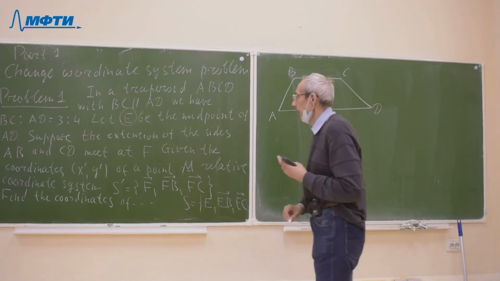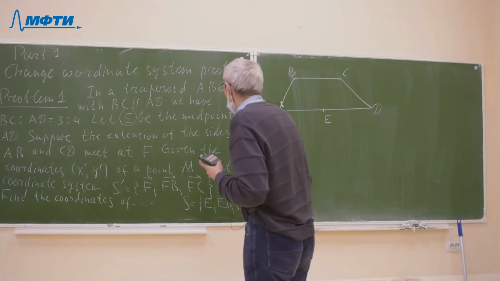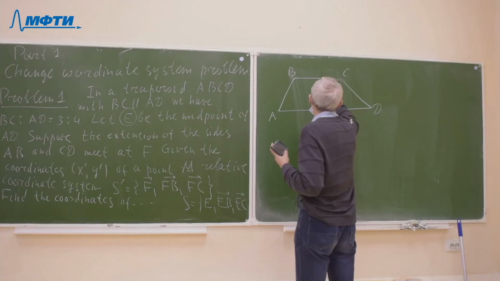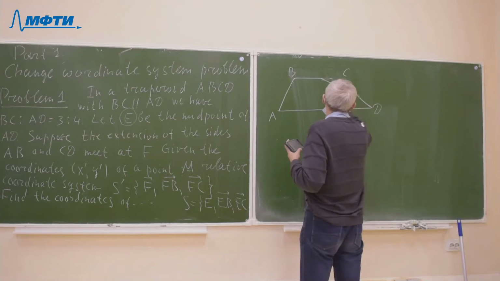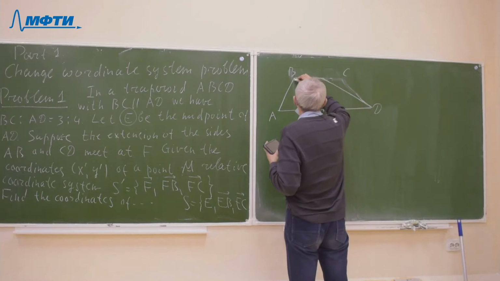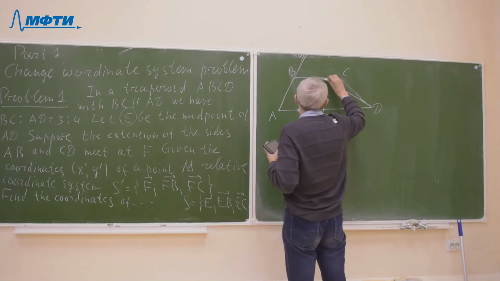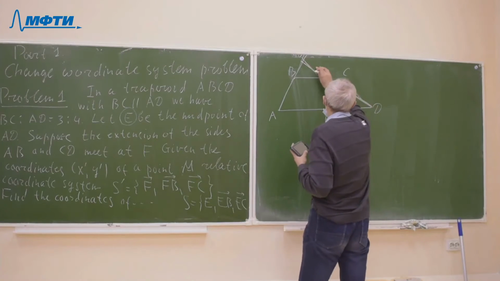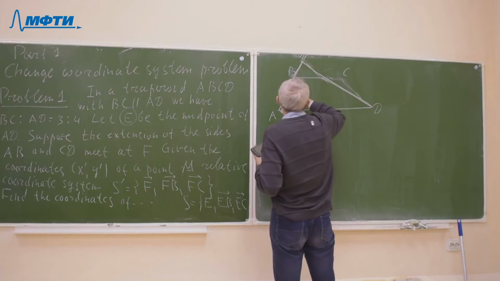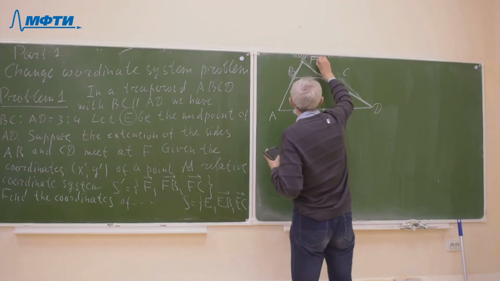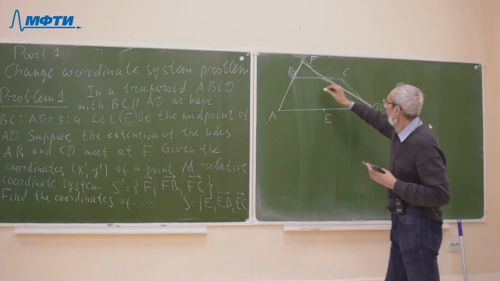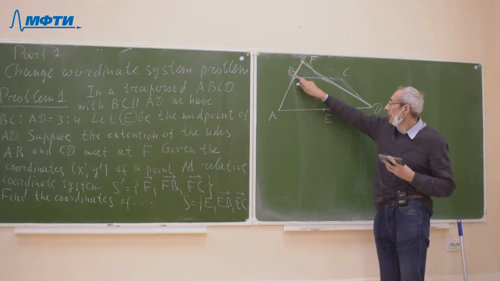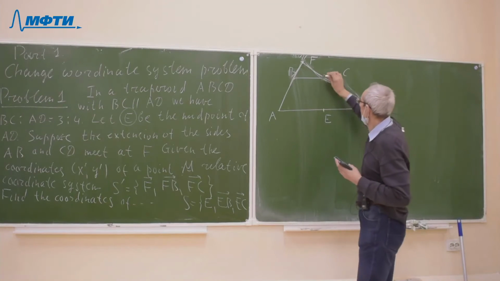F is the point of intersection of the straight lines AB and CD.